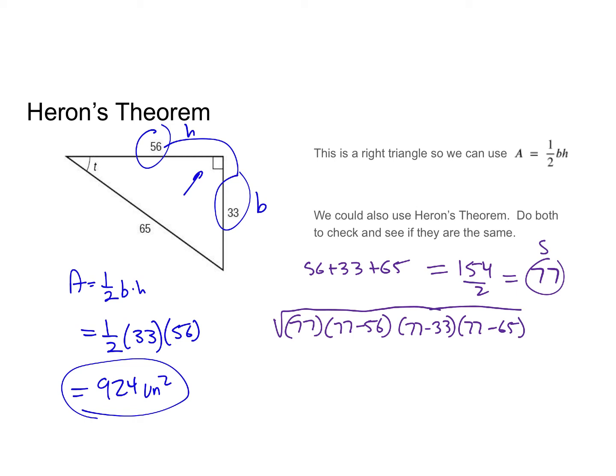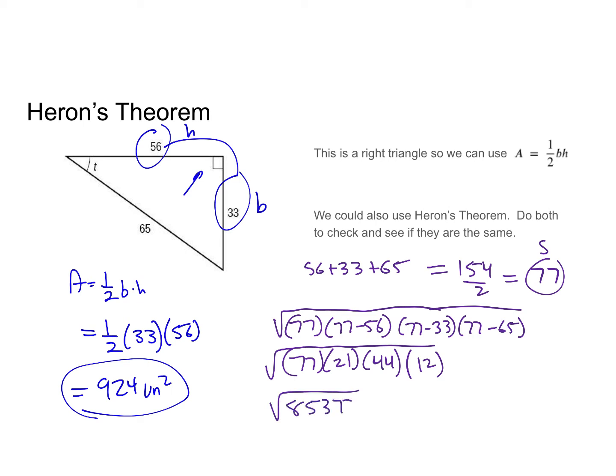So 77 minus 56 is 21, 77 minus 33 is 44, and 77 minus 65 should be 12, and it is. So now those are all the numbers I'm multiplying. So I get the square root of 853,776.